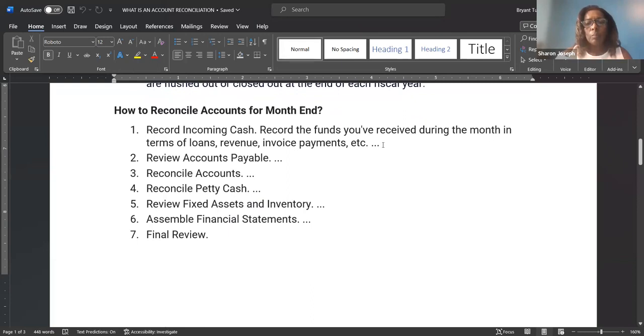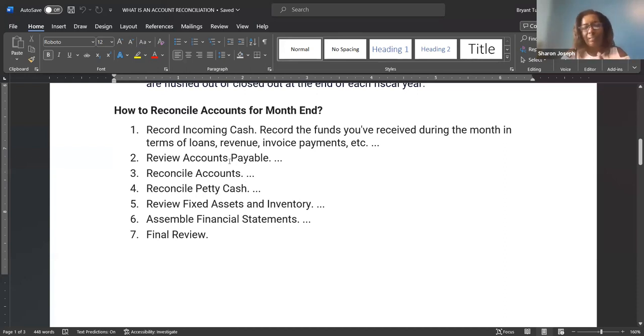So at month end, the types of account reconciliations that you do is you look at incoming cash, you make sure that funds you received were recorded correctly, you make sure that loans are recorded and revenues are recorded correctly, and invoice payments are made. You review the accounts payable account, you reconcile whatever accounts are on your balance sheet, you reconcile petty cash.